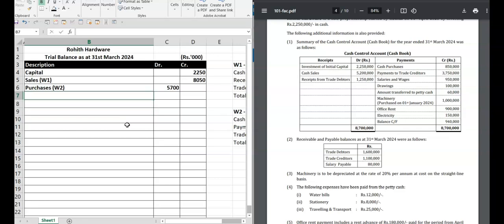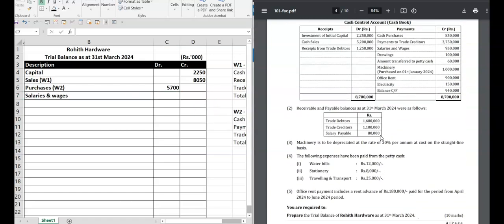Then the next part what you have to do is look for salaries and wages, right? So go for salaries and wages. How can you do this? With regards to salaries and wages, you have 950,000, right? 950,000 is salaries and wages.